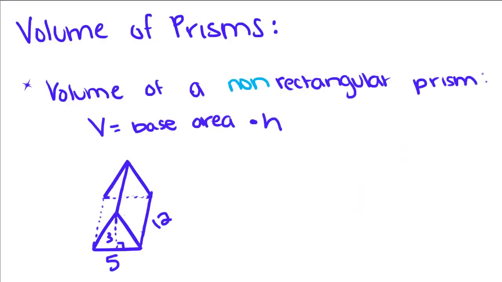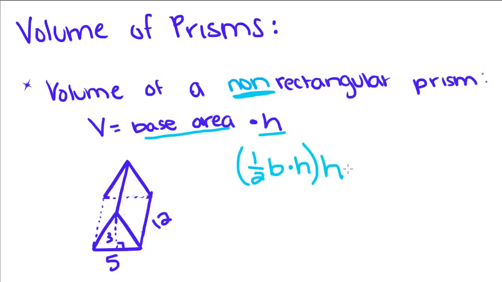The volume of a non-rectangular prism is its base area times its height. So for this triangle, it would be 1/2 base times height, because that would be the area of this space right here, times the height of the prism.